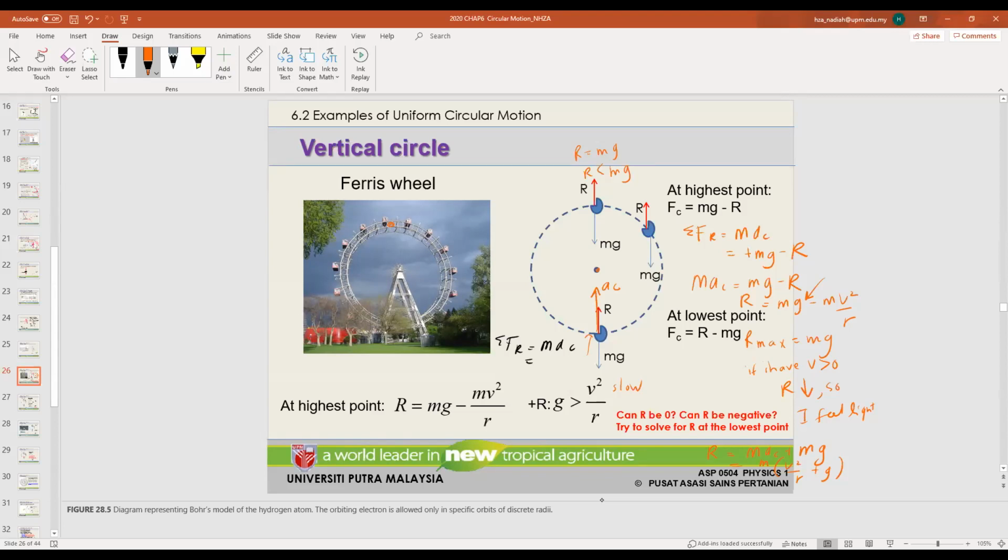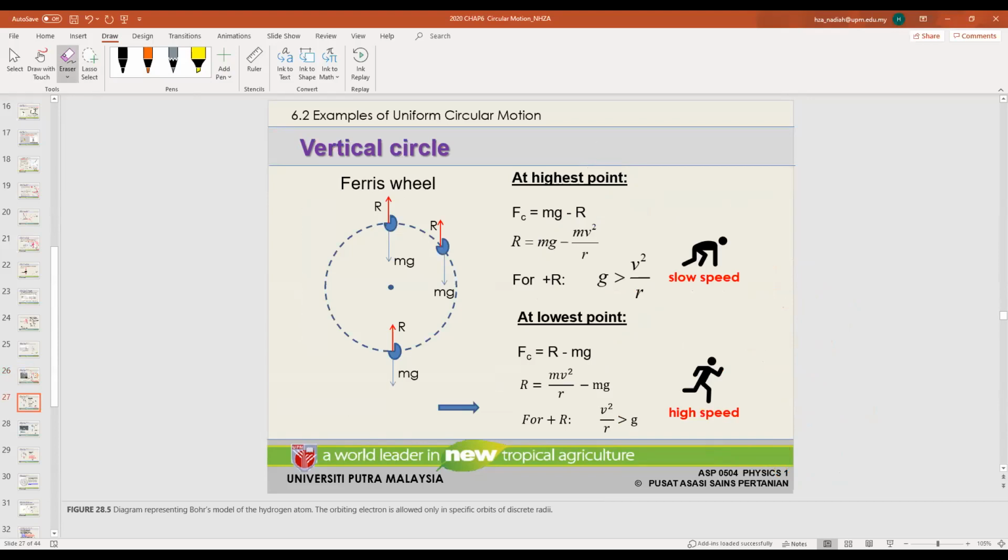Okay. At the lowest point. Okay, now let's talk about the lowest point. At the lowest point, our equation, we derived it earlier. Fc equals R minus mg. Okay, so Fc, MAC, equals R minus mg.